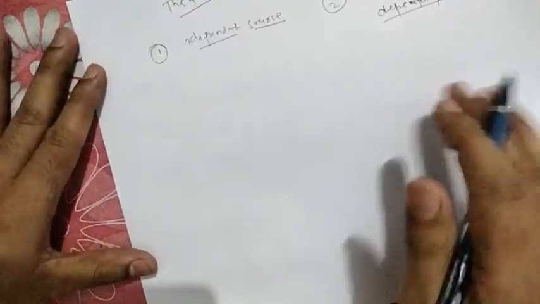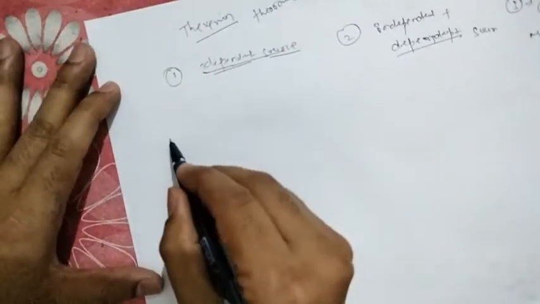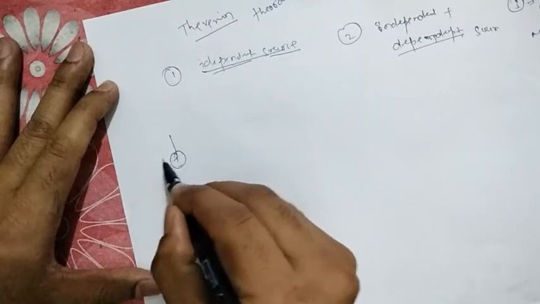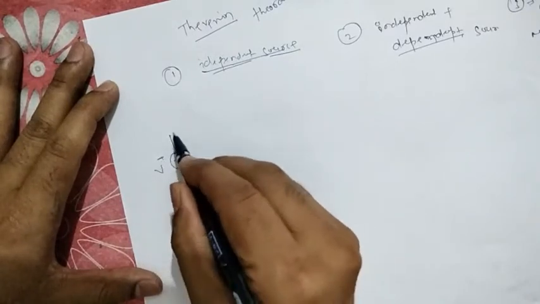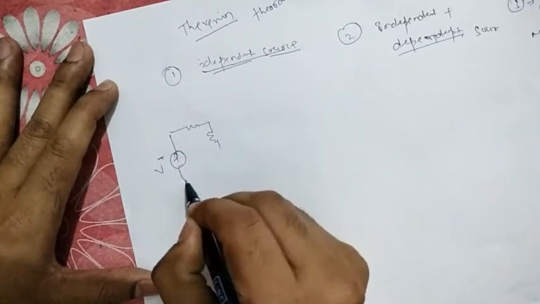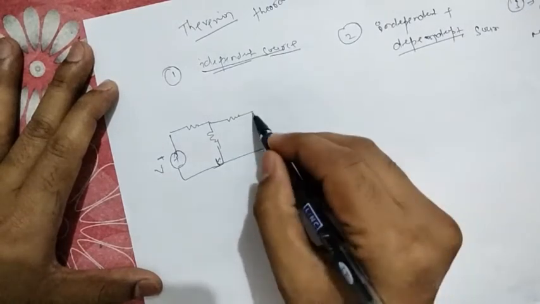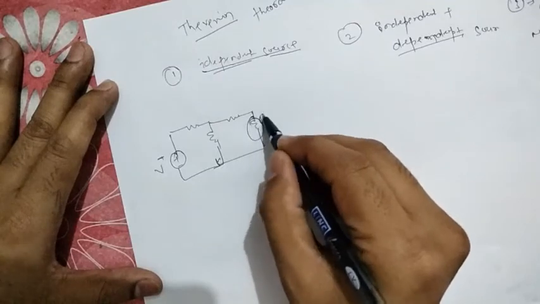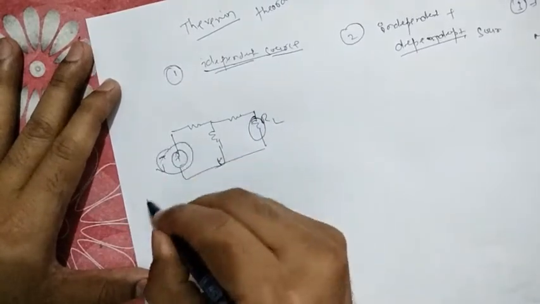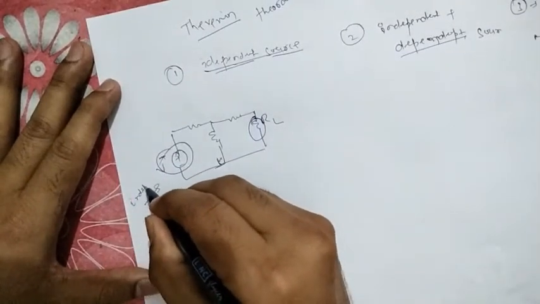What is this independent source? This is your circuit, and suppose we want to calculate the RThevenin across this RL, then this is called the independent source.